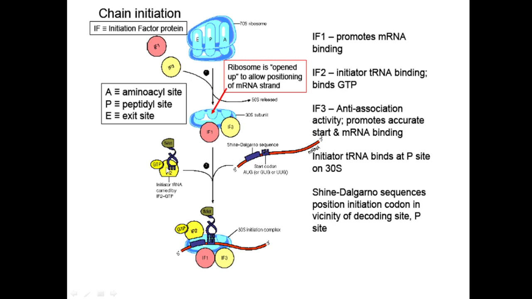But for this, at first initiation factor 2 uses GTP to bind the initiator tRNA. The initiator tRNA is bound to what will be the P site of the small subunit, and it leads later to binding of messenger RNA.